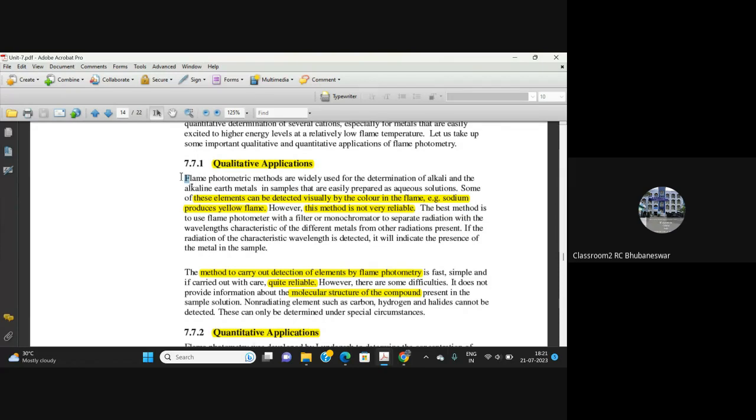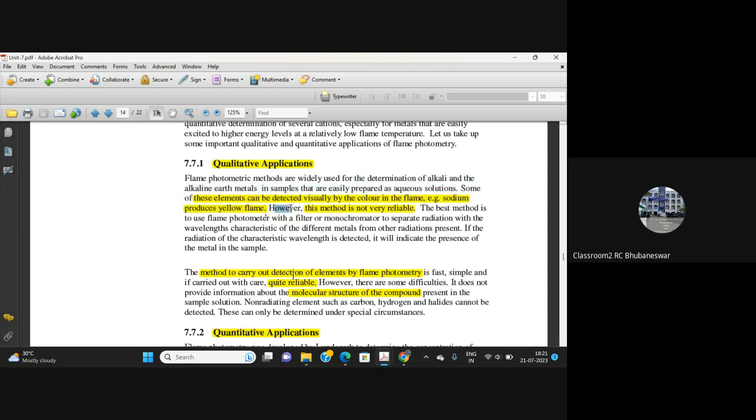The flame photometric methods are widely used for the determination of alkali and alkaline earth metals in samples that are easily prepared as aqueous solutions. Some of these elements can be detected visually by the color in the flame. That is, sodium produces a yellow flame, as I was telling.